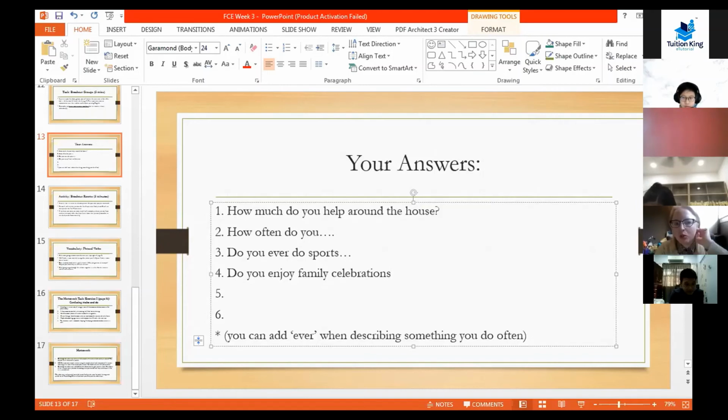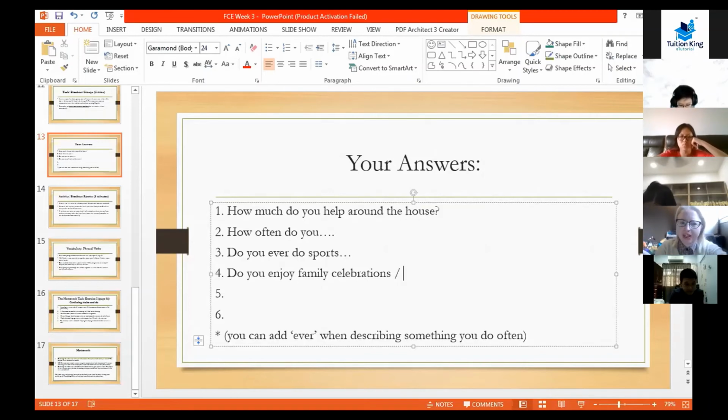Now, I do want to give you a little bit of information about this sentence because you see that in the original version, it's are you enjoy. If we were going to use the verb to be, then it would be in the context of the continuous. So it would be, are you enjoying family celebrations?